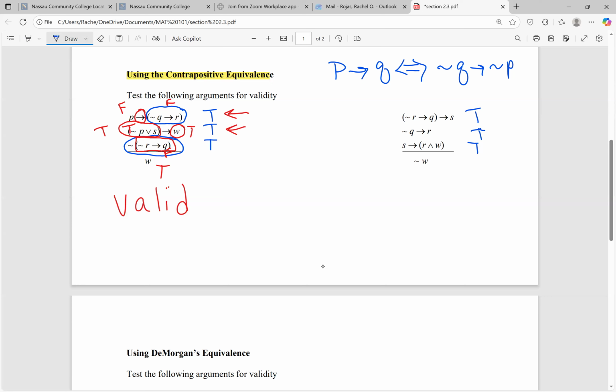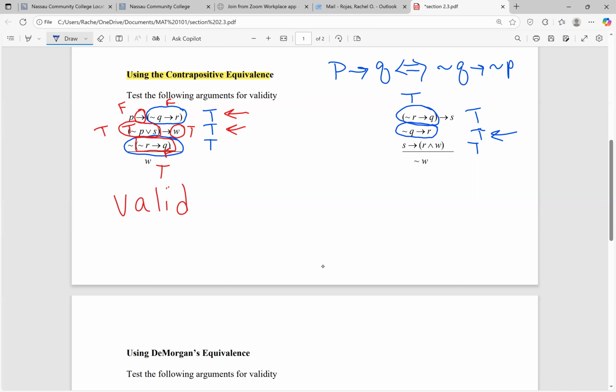So I'm thinking, okay, I'm not going to use my conditional equivalence, but I do see two equivalences that look like contrapositives, right? So if I have not R implies Q, the contrapositive of that is going to be not Q implies R, right? Which actually is this guy right here. So they're equivalent.